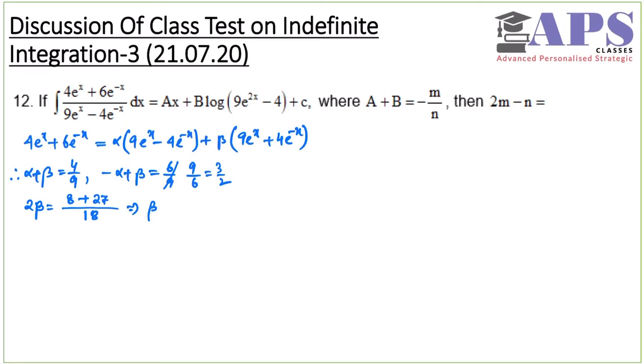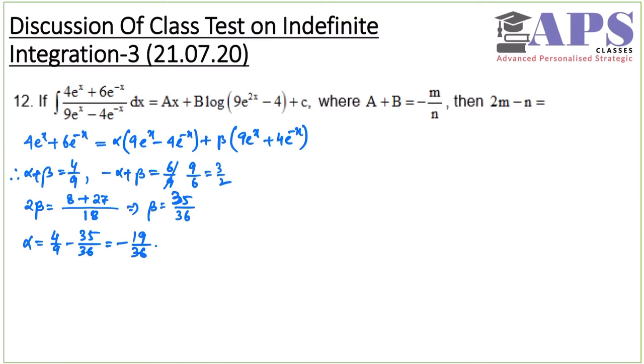Therefore beta is equal to 35 by 36. And for alpha, now I can put, and I will get alpha is equal to 4 by 9 minus 35 by 36, which gives us minus 19 by 36.